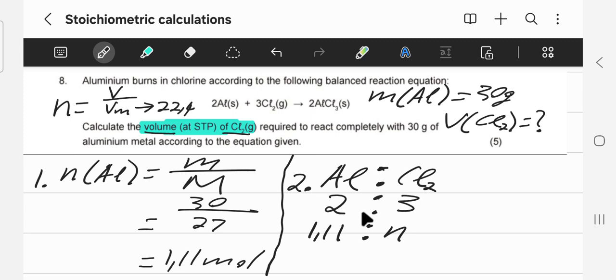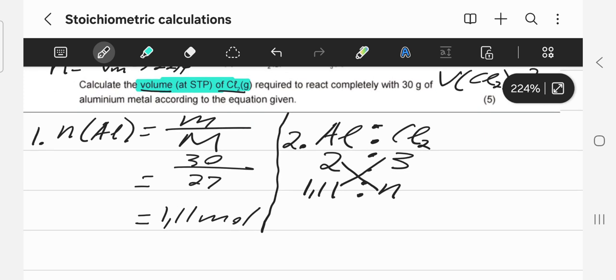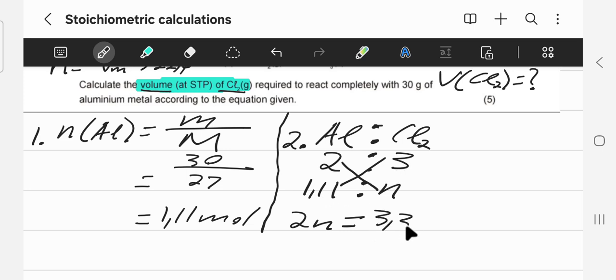And then what I'm going to do now is to calculate the number of moles by doing what? Cross multiplying. So I'll say 2 multiplied by N, and this is going to give me 2N is equal to 1,11 multiplied by 3, and this is going to give me 3,33. Remember what I'm doing here. I'm trying to solve for N. So I'll divide by 2 on both sides.